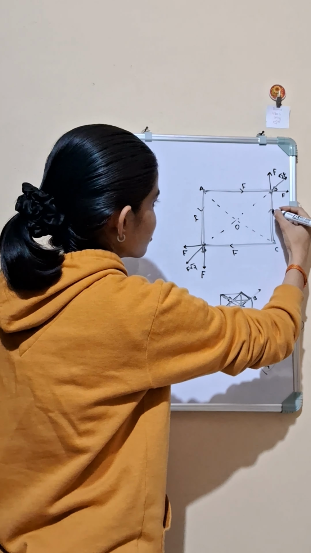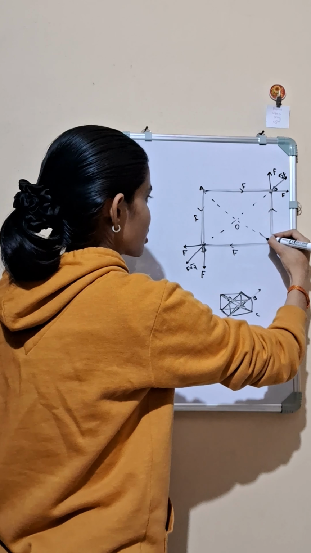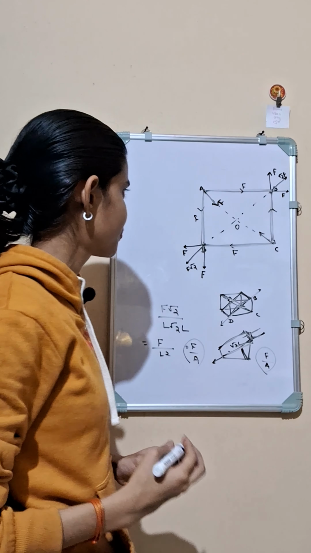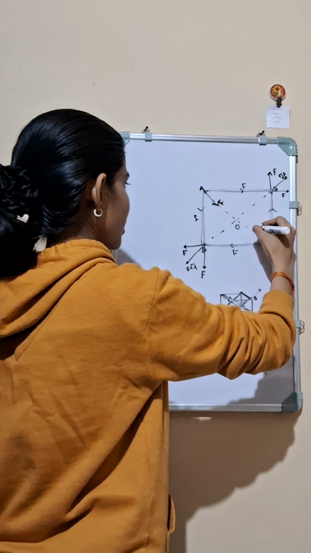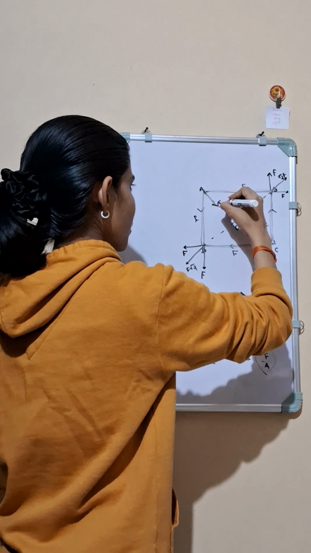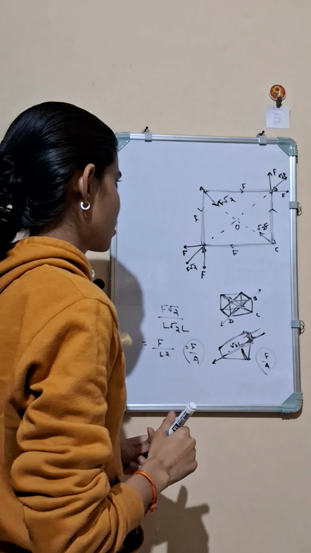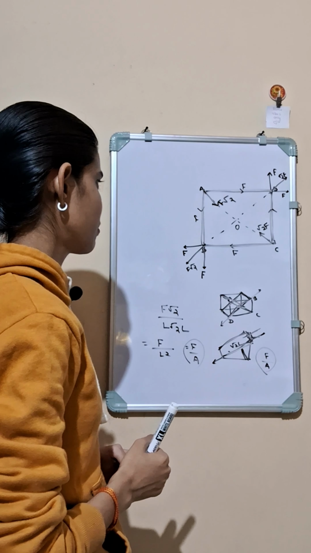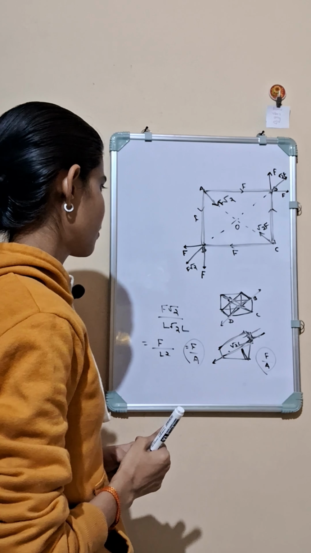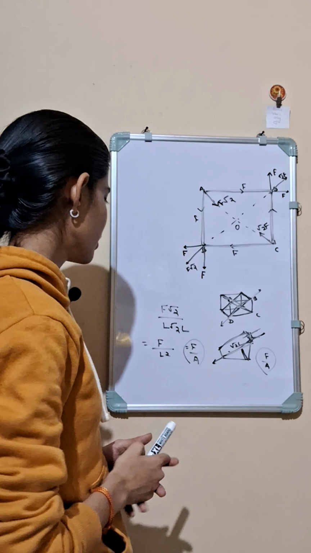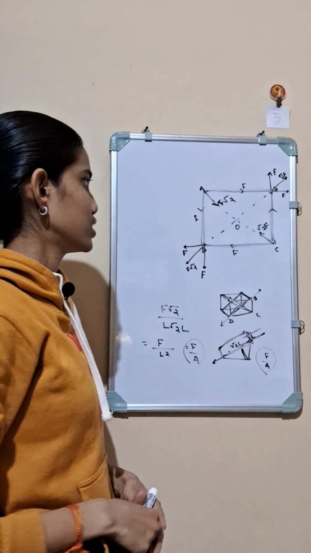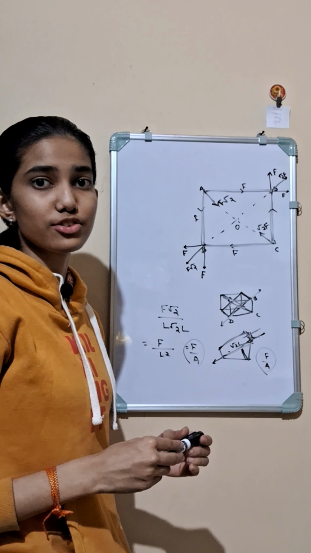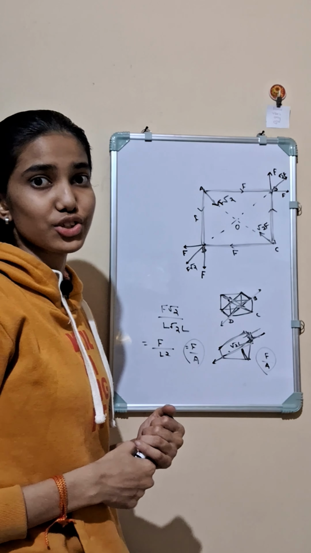Now you can see, if I take this force, its resultant will be this way, and this force will have resultant this way, right? Root 2 F. So now you can easily do the calculations and find that the tensile stress and compressive stress are equal to the shearing stress.